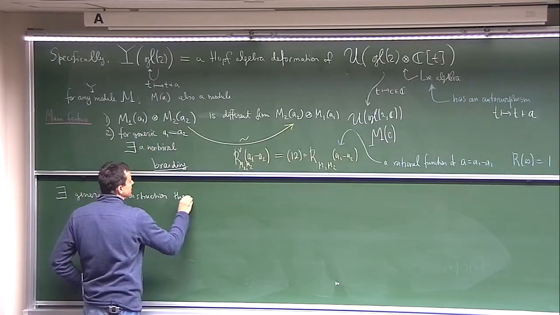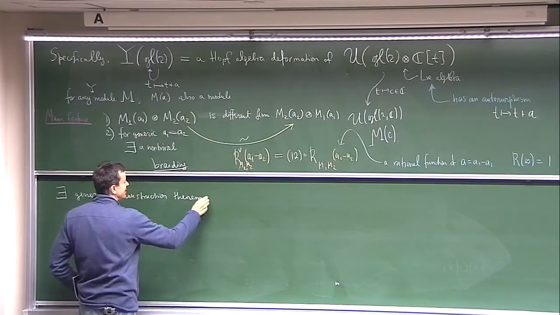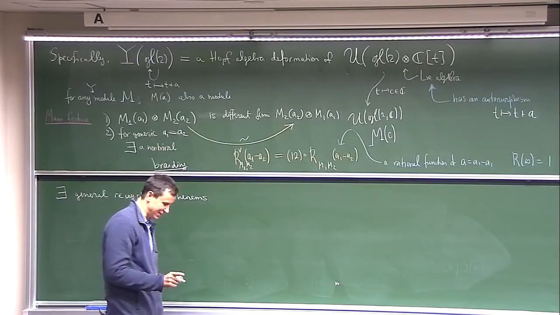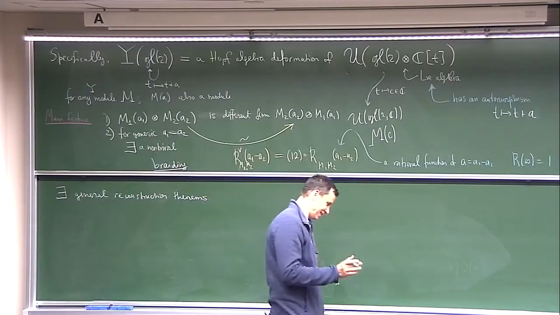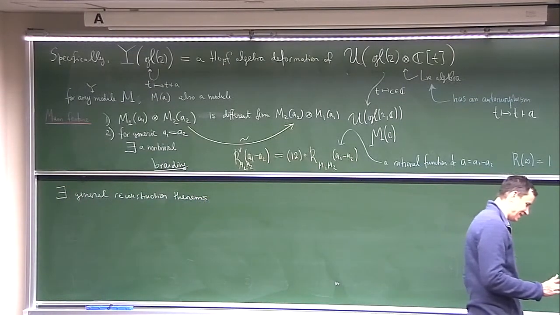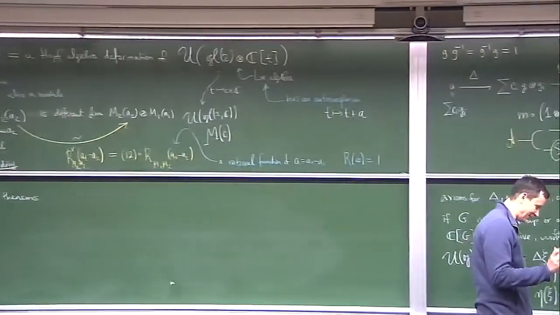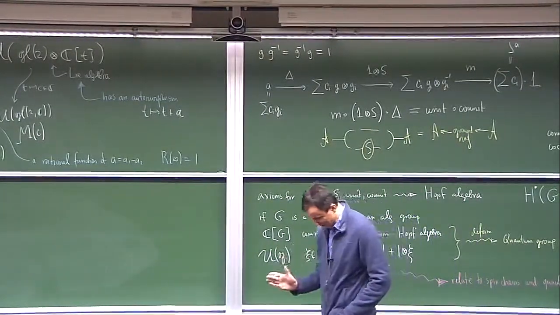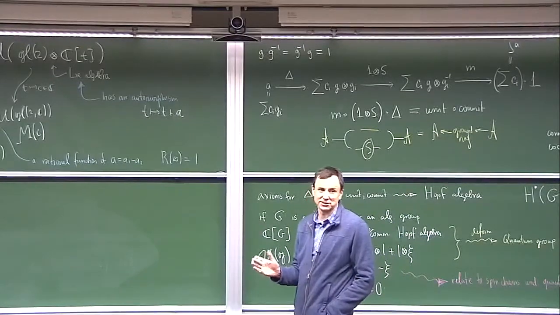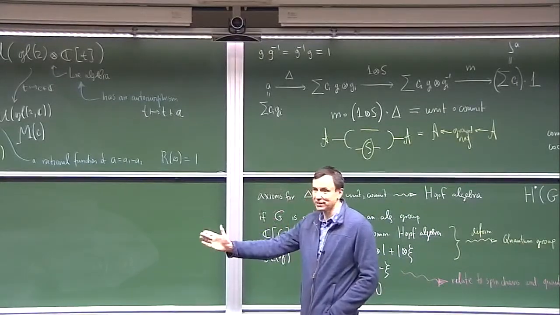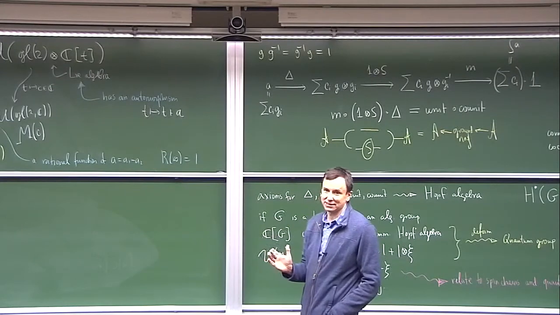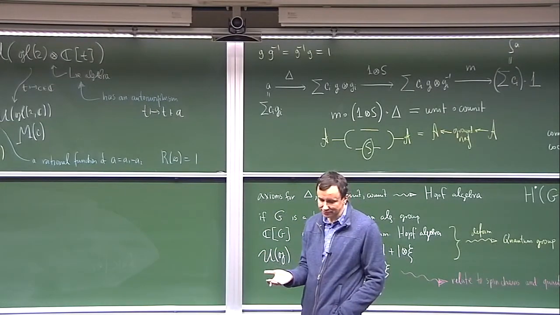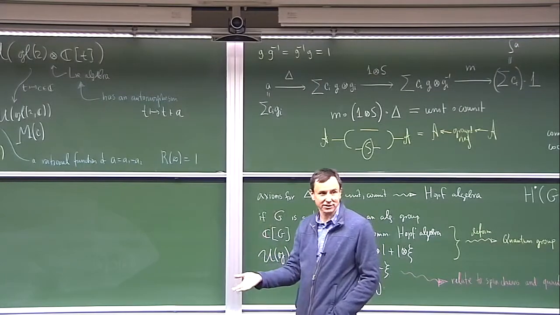Oh, I forgot to say, sorry. A very important notion: you have to assume that your category has what's called a fiber functor, meaning a functor to vector spaces. For representations, that means you just go to the underlying vector space.